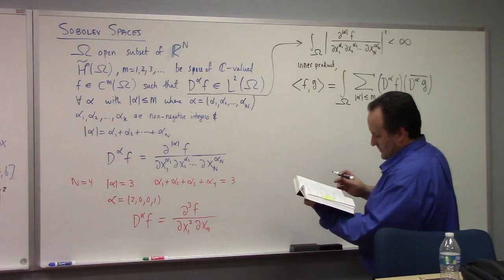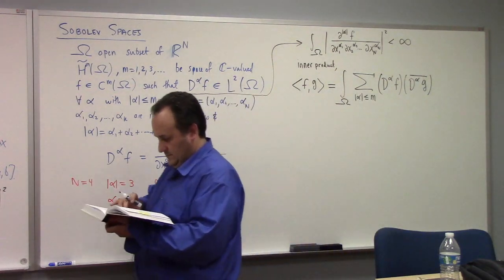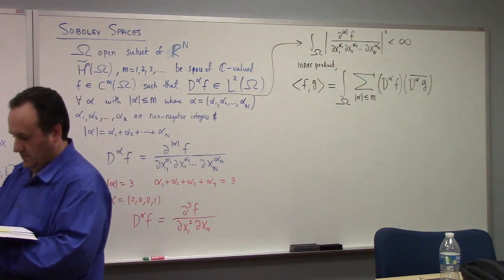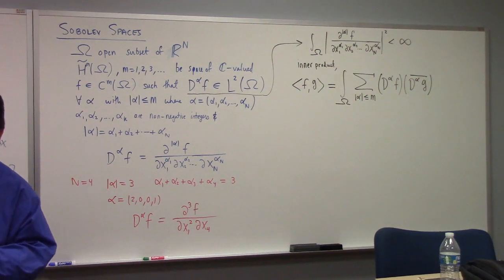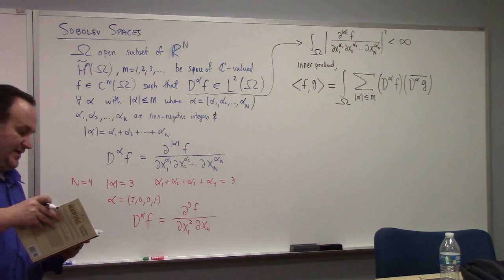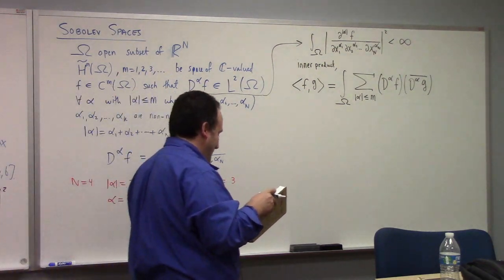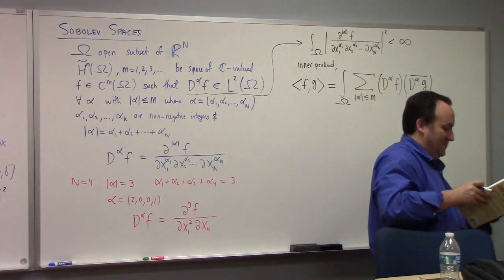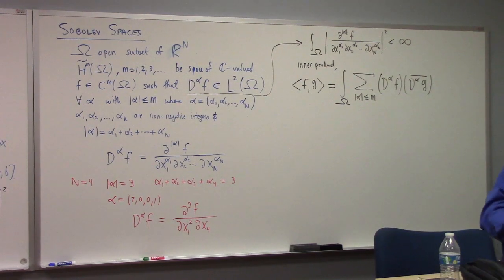That will be the inner product. I'm not going to write it out, but he gives you the explicit formula for it in R^2 on the next page. This is what this looks like in R^2.